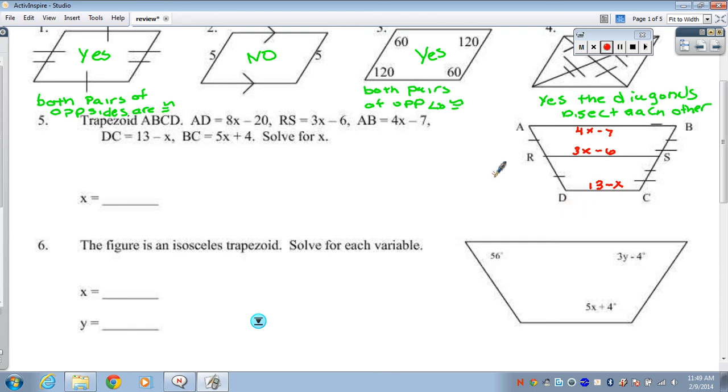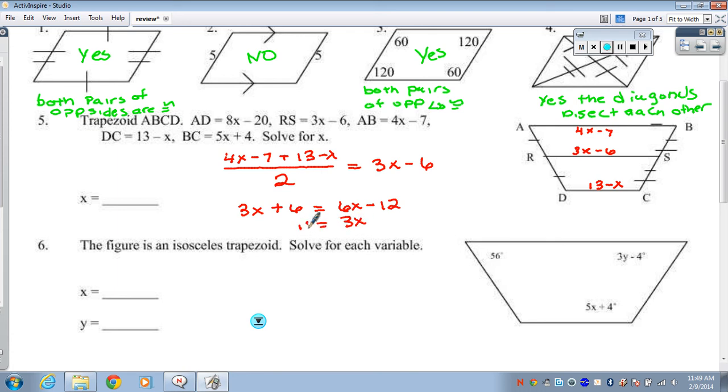The mid-segment theorem says if you add the bases together, and the bases are the parallel sides, that's 4x minus 7 plus 13 minus x, divide by 2, so you're finding the average of the bases, equals 3x minus 6. That's going to be 3x plus 6 equals 6x minus 12, 3x equals 18, x equals 6.